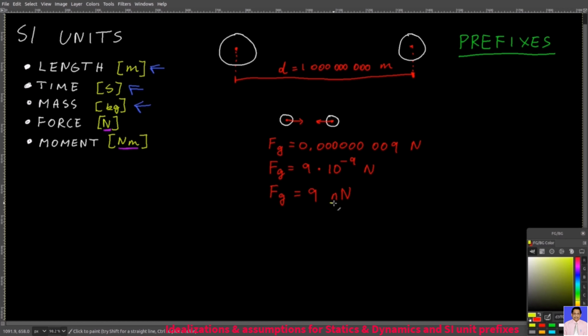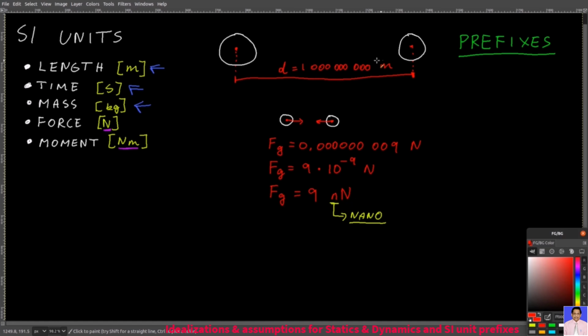But what's this small n? This symbol n stands for nano, and it's one of the prefixes used in the SI unit system. So you would say that the force of gravity is 9 nanonewtons.